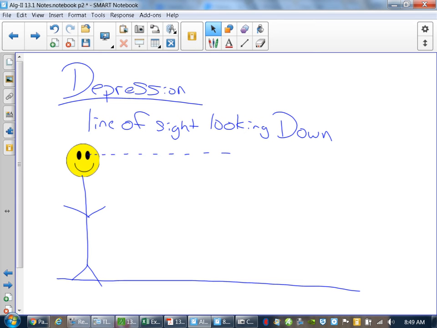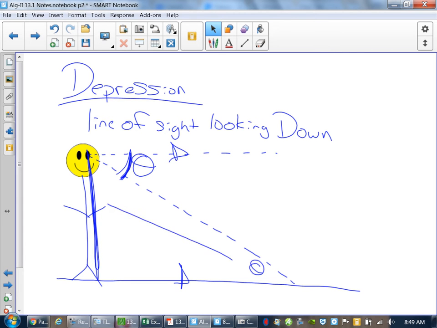Line of sight looking down, that's this angle here. Line of sight is always parallel to the ground, so if the height here is your overall height, the angle of depression, since these lines are parallel, is the same as the angle of elevation looking back.